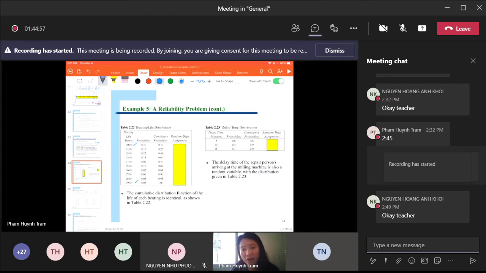It's almost double. But with different probability: 10% of the bearings that we observe last only 1,000 hours. 13% of the bearings we observed in the past can last 1,001 hours. Most of the bearings, like 25%, can last 1,200 hours. A few of them, like 9%, last up to 1,900 hours.